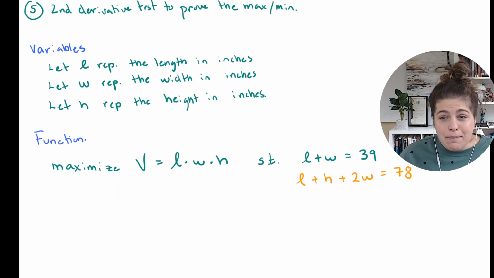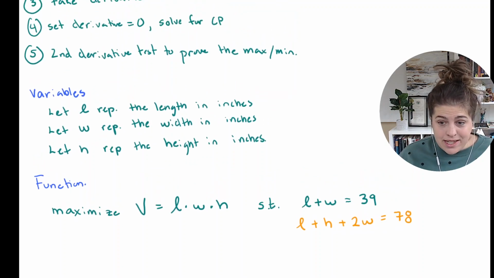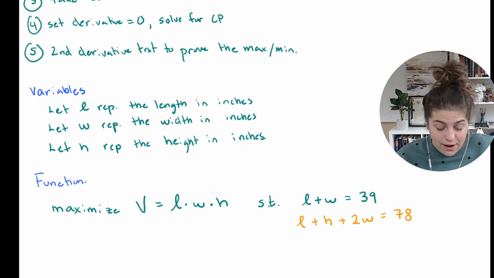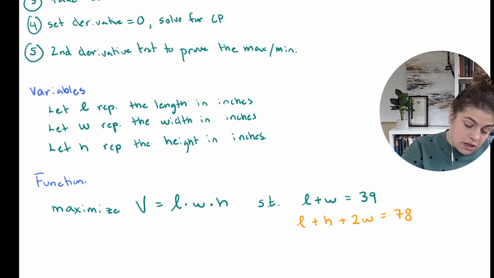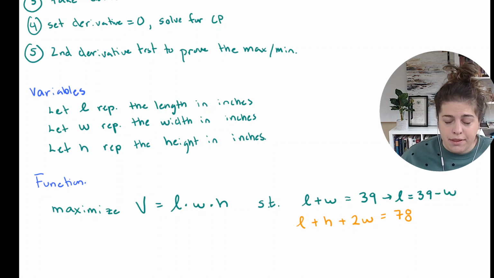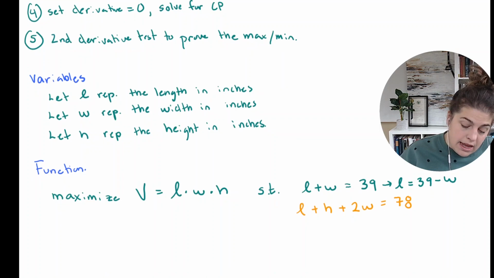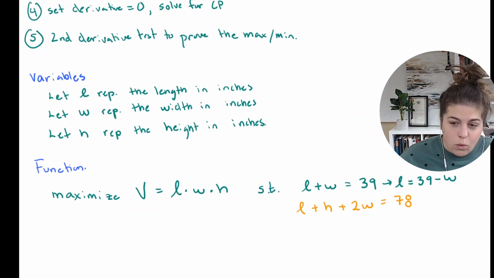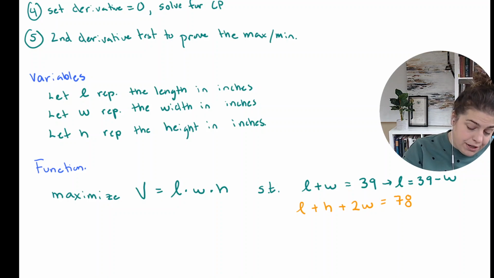So it doesn't really matter which one you decide to do, but we are going to start with the length plus width because there's just two variables in there. Okay. So if I say, hey, I rearrange this, that length is equal to 39 minus that width. Great. And then for our next constraint there, we're going to replace that length with the 39 minus the width.